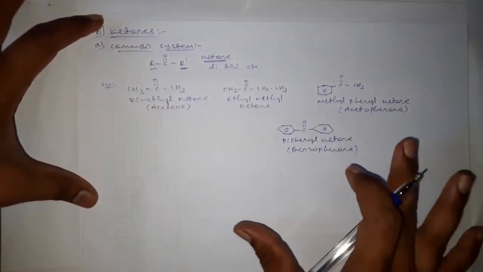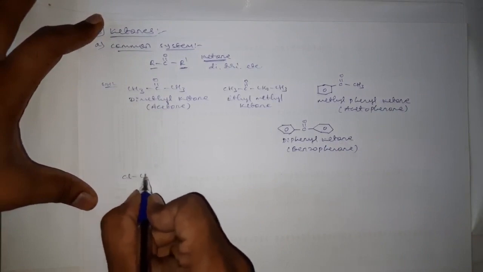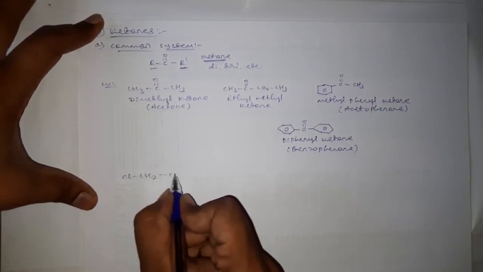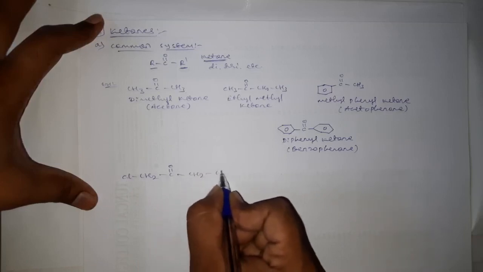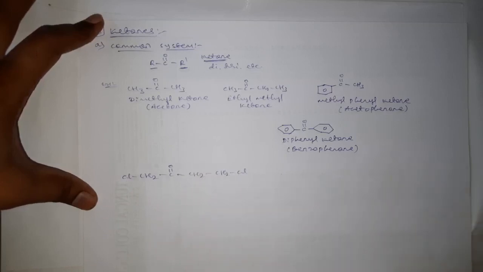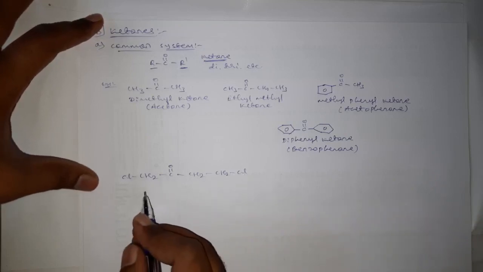And if substituents are there on the ketone, say take for example Cl, CH2, C double bond O, CH2, Cl. Here on this side also one substituent is there, on this side also one substituent is there.